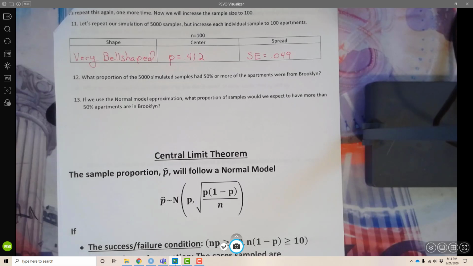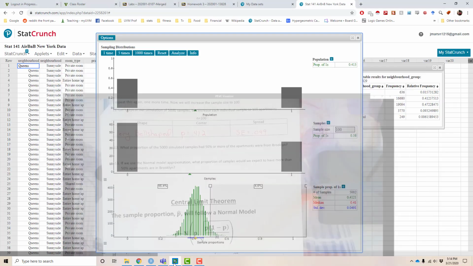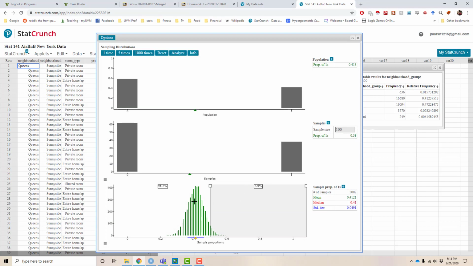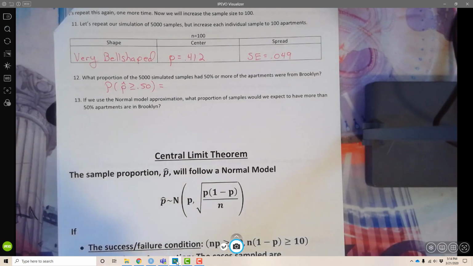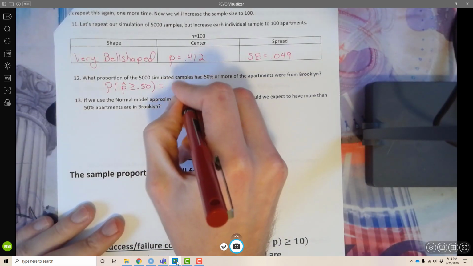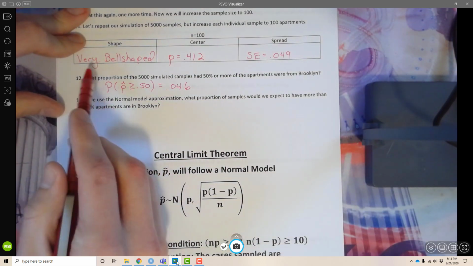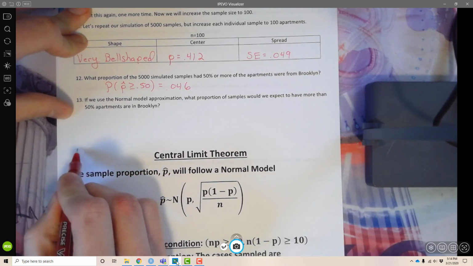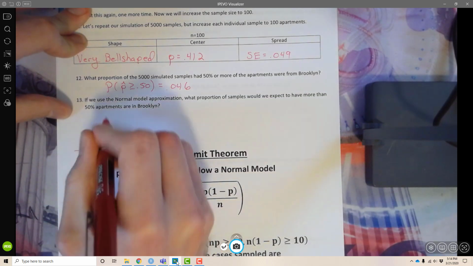So the probability of getting a sample proportion greater than or equal to 50%, now that our sample size is 100, was this 4.6% that we got from the 5,000 samples. And since this is very bell-shaped, a normal model should give us something close to the same results.